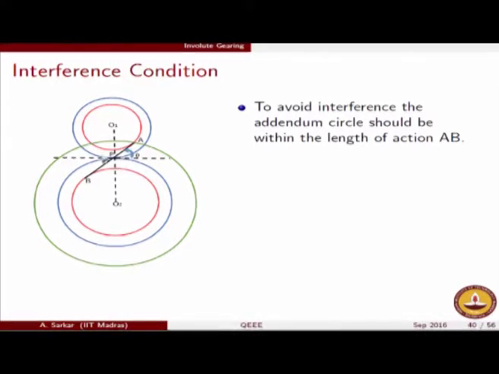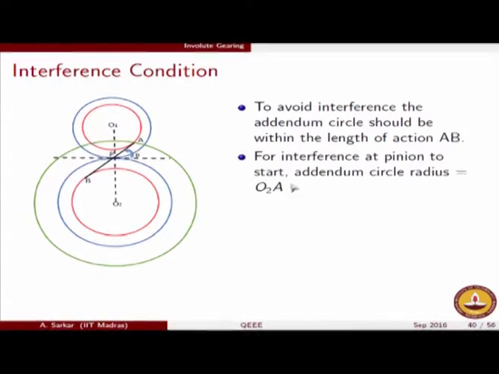But if the green circle is cutting the line exactly at the base circle as is shown in this drawing, then you are approaching the critical condition and you should avoid this condition. So this is what we will find.